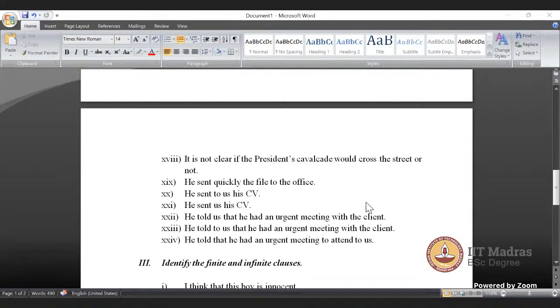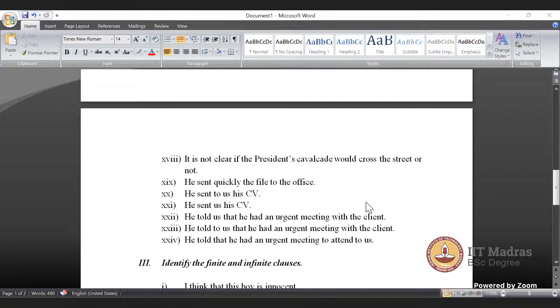Okay. Now, he told to us that he had an urgent meeting with the client. Okay, so this is the difference between the sentence he sent to us his CV and he told to us that he had an urgent meeting with the client, right?